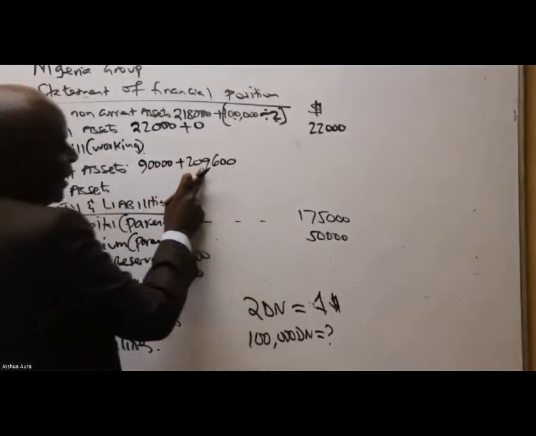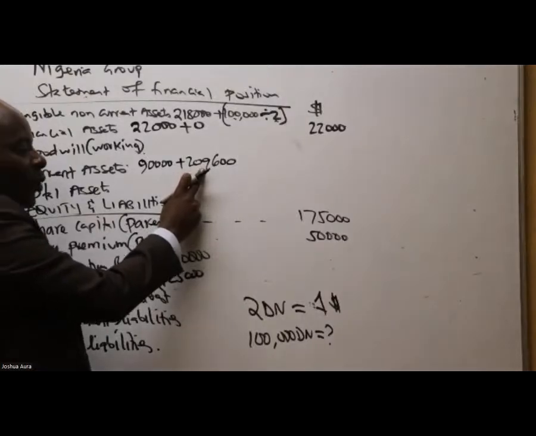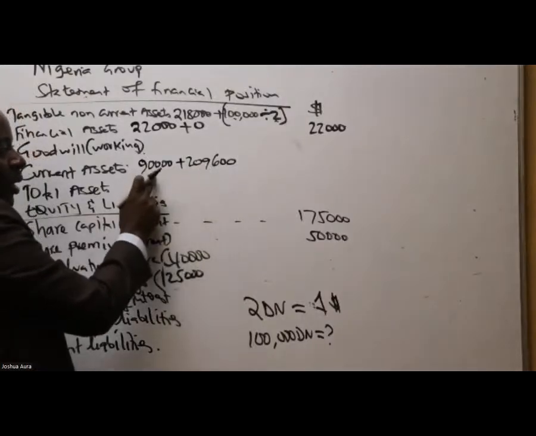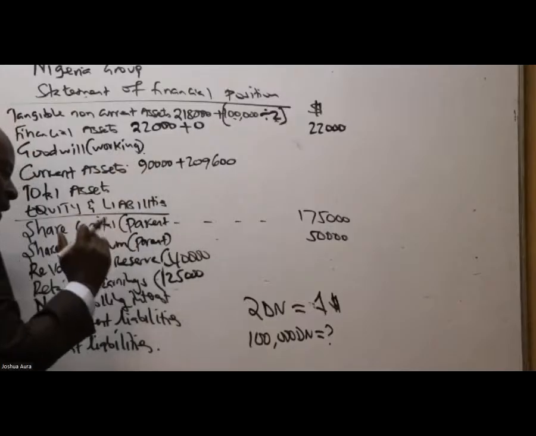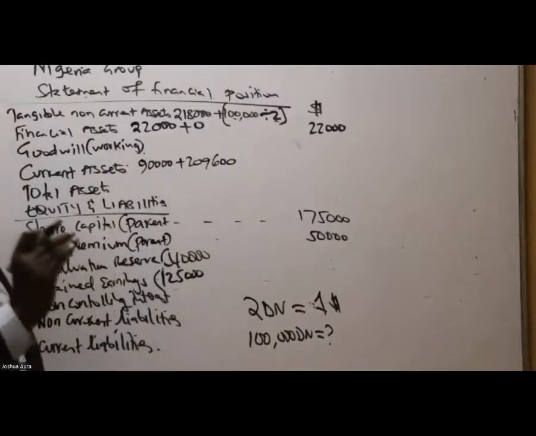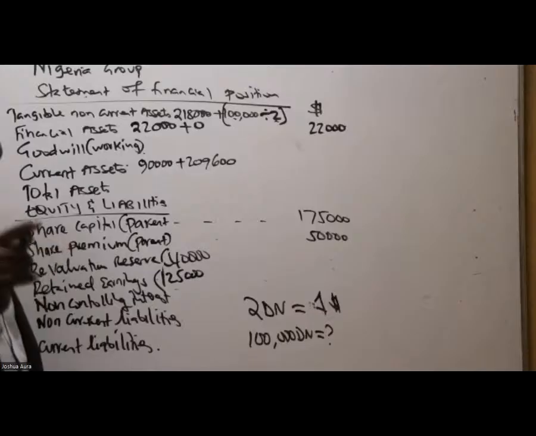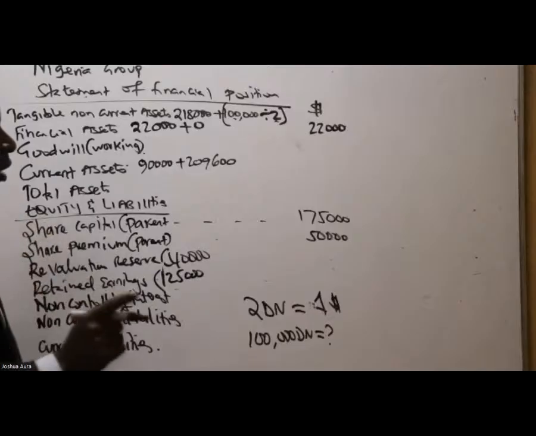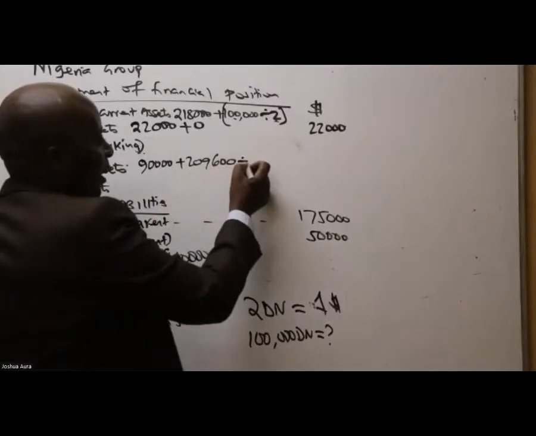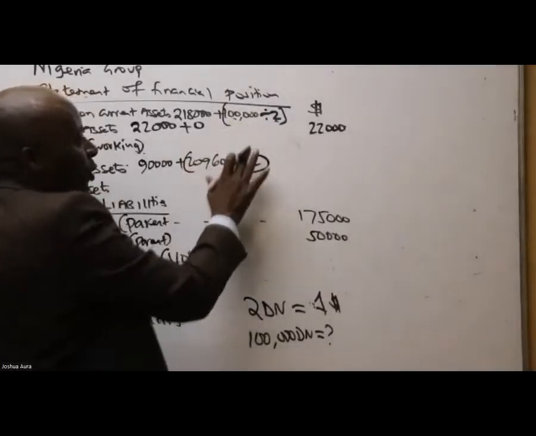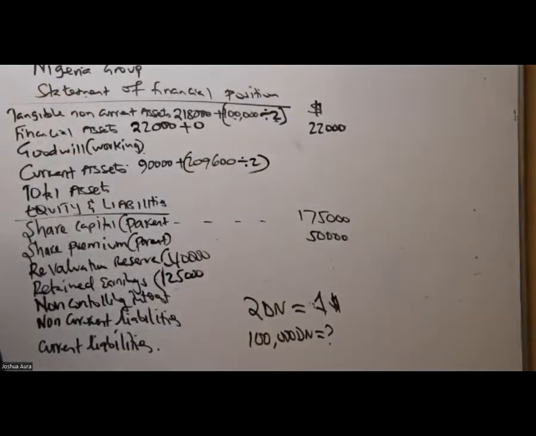But remember, these are DNs. We still need to retranslate them to the dollar. Remember, we said when we started that all assets and liabilities will be retranslated at the closing rate. So here, divide this again. Once you start dividing, be consistent and divide all the way down. Once you start dividing, there is nothing else.